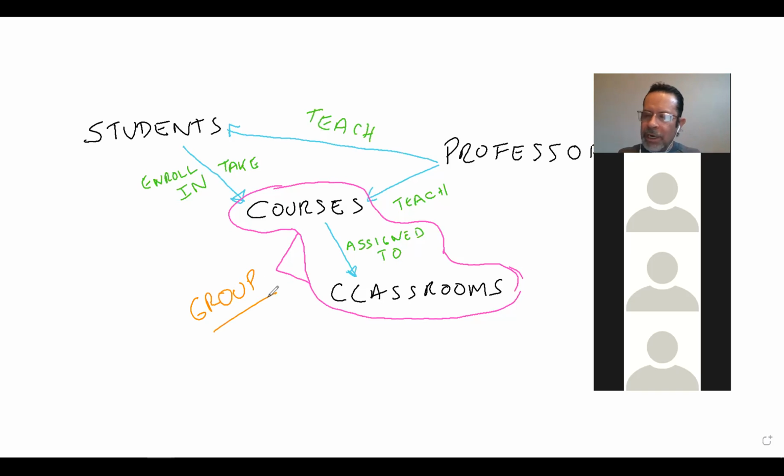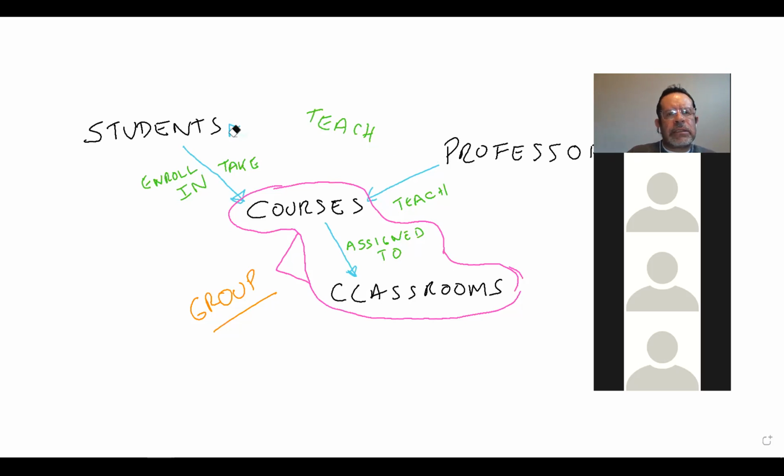Okay, so we're going to be doing these exercises where we're going to identify entities, and we're going to try to establish relationships between them. And these relationships are going to give us, in the end, the structure of the database. So for example, can somebody tell me something that's repeated there? That's duplicated? Teach, right? So I'm saying that professors teach courses and professors teach students. I'm going to argue the following.